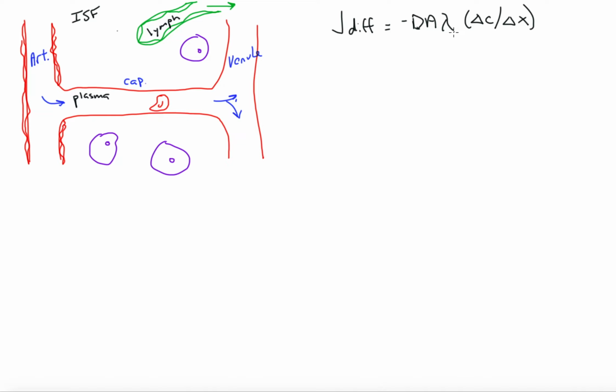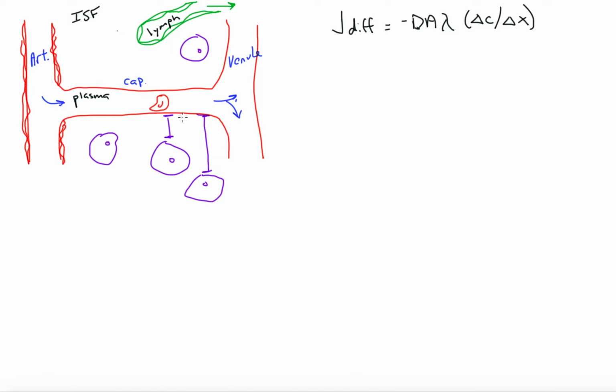Lambda would be 0. Delta C is our concentration gradient, so the bigger the gradient, the greater our diffusion rate. And delta X is our distance. If I add a cell that's a little farther away over here, this distance is greater than this distance.